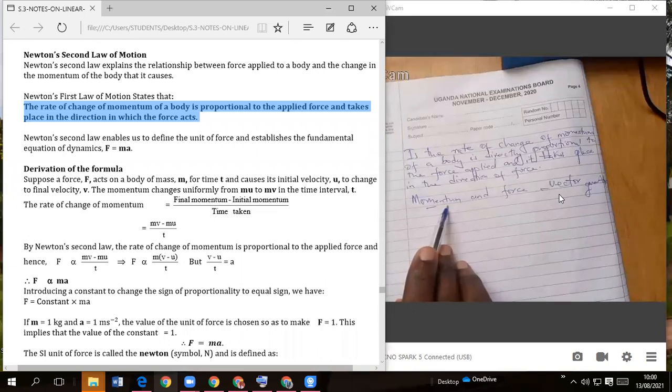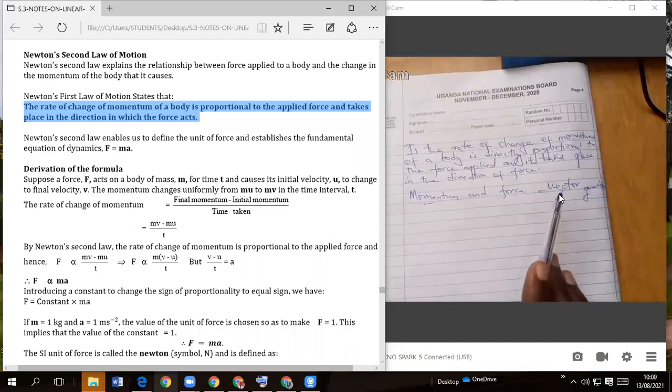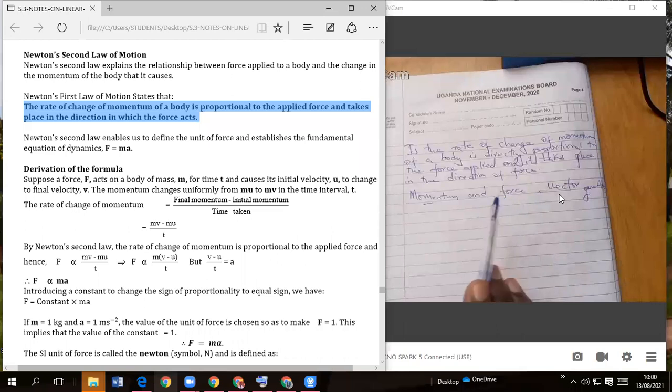So since they are vector quantities, Newton is saying that when the body is moving, the rate of change in momentum must be brought about by the effect of the force. And the body must move in the direction of the force applied.